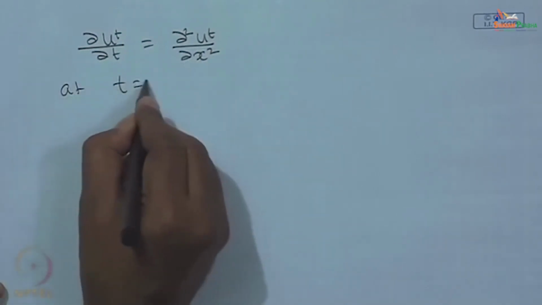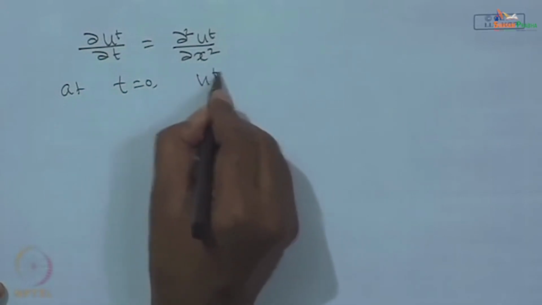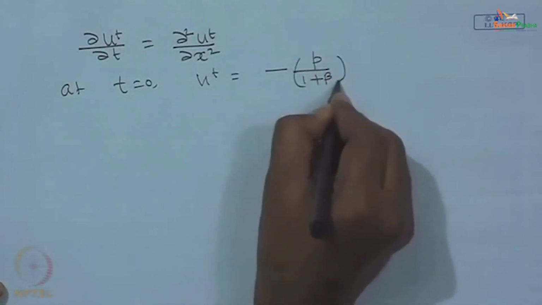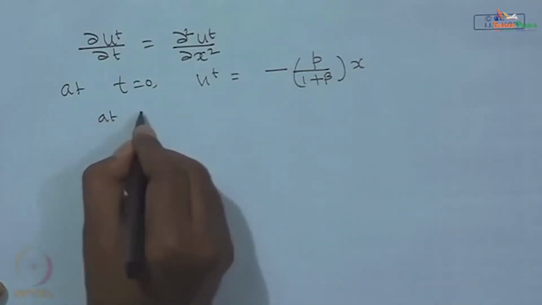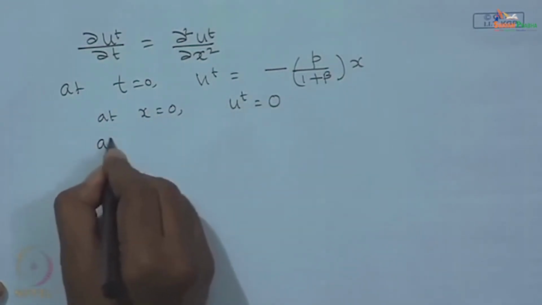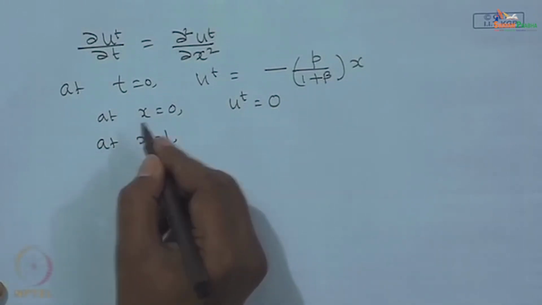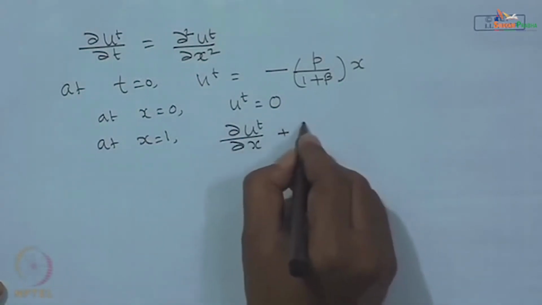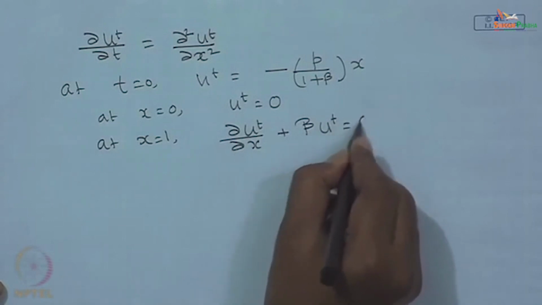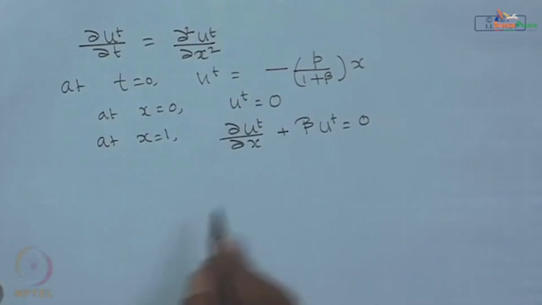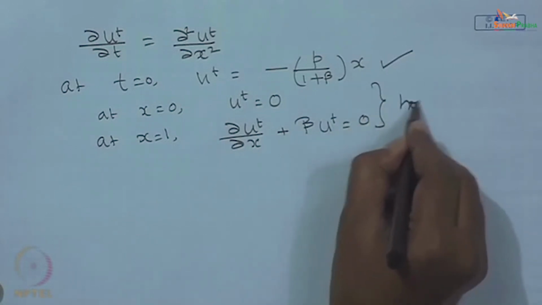At time t is equal to 0, we had u t is equal to minus p divided by 1 plus beta times x, and at x is equal to 0, we have u t is equal to 0, and at x is equal to 1, we had del u t by del x plus beta u t is equal to 0.